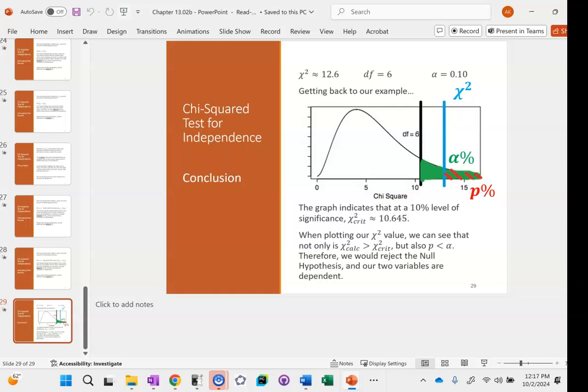I think this is the level of significance. Notice that this is our chi-squared critical value. 12.6 would be somewhere over here, in between 10 and 15, like halfway. So we see that the chi-squared calculated is greater than the chi-squared critical.